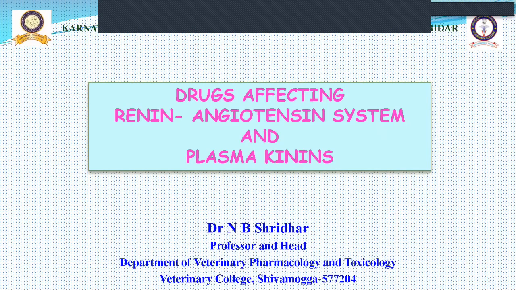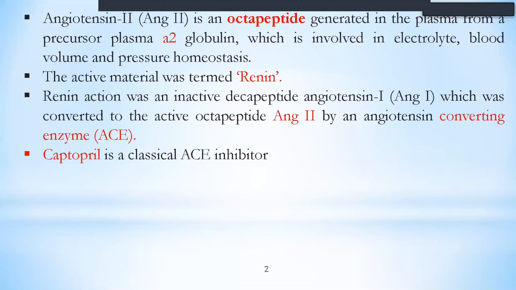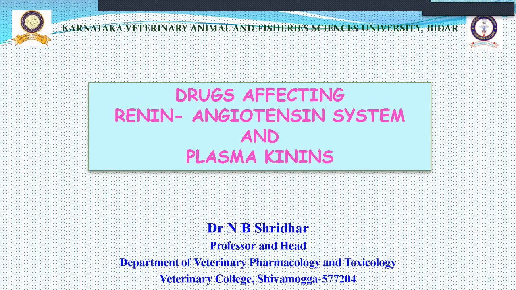So we have already learnt the autacoids like the eicosanoids, the prostaglandins PGF2 alpha, PGE2, PGI2, and the leukotrienes, and also the platelet activating factor as important drugs which can be used in several disorders.